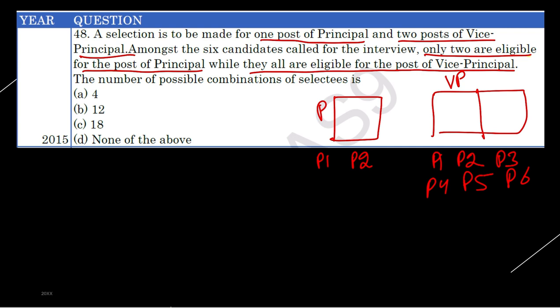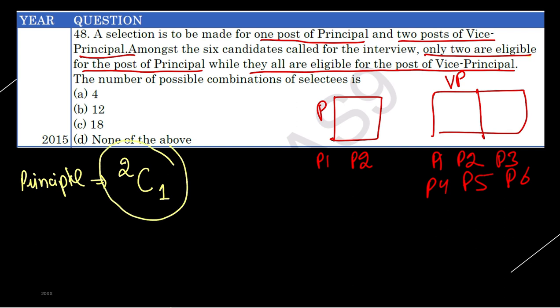Now, let's see. They ask in how many ways you can make the selection, right? So let's start with the principal. I want to fill the seat of principal, right? And how can I do that? I have two candidates to choose from, and I have only one seat to fill.